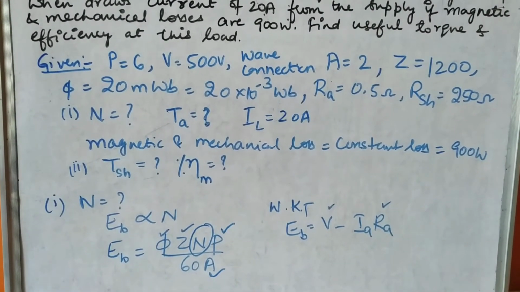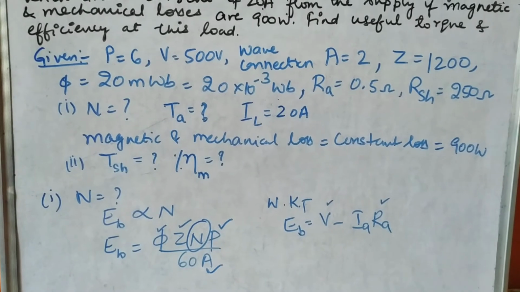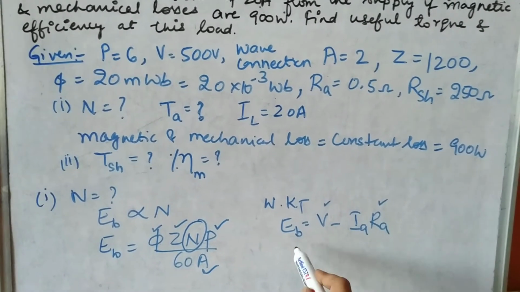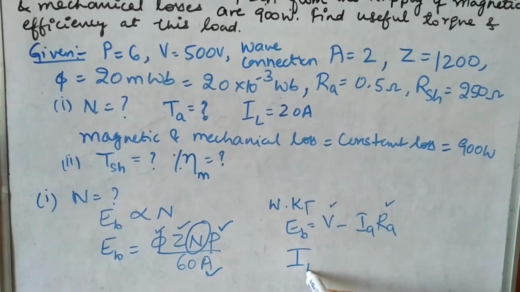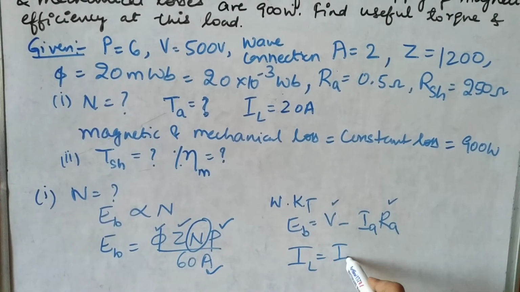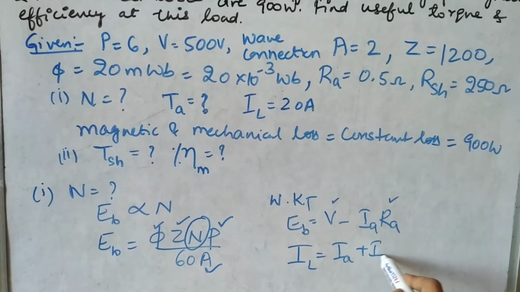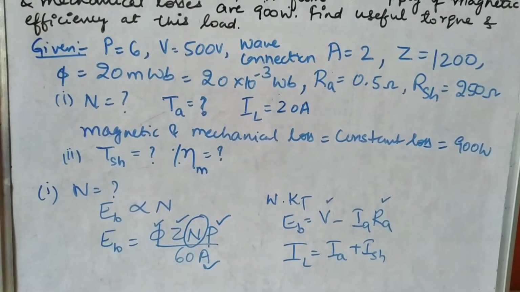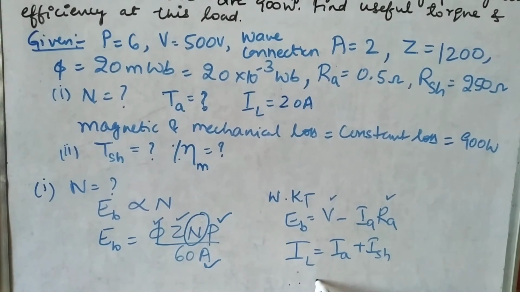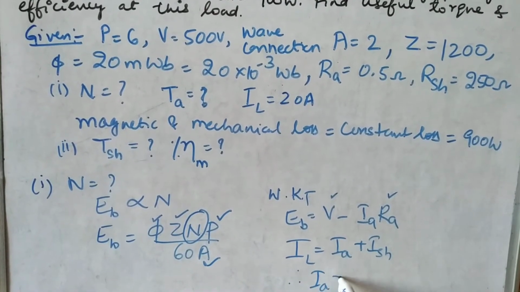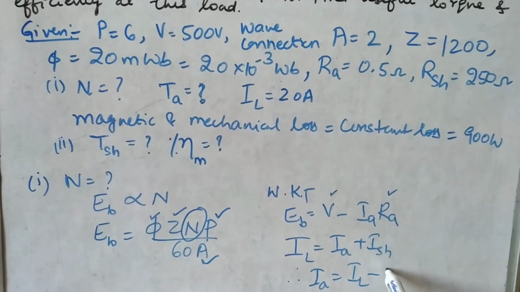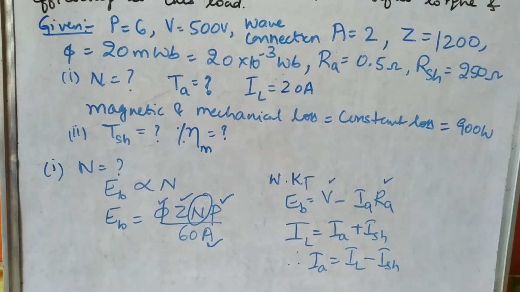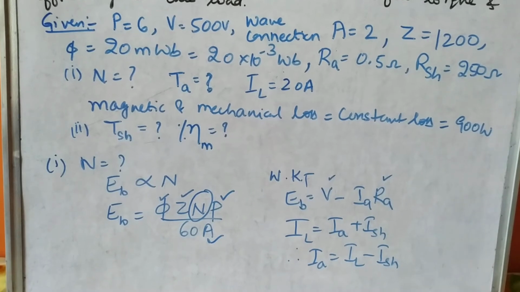In a DC shunt motor, what is the current equation? IL is equal to IA plus ISH. Therefore IA is equal to IL minus ISH. But what is ISH?